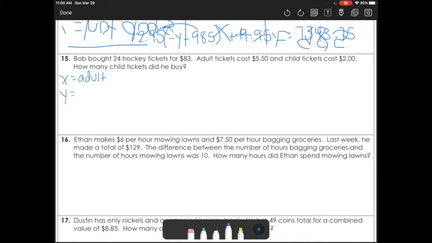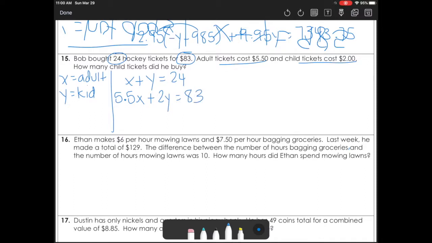And let's see, I know that the total cost was 83 and the total number was 24. So x plus y equals 24. Adults were $5.50, so 5.5x. Kid tickets were $2, so 2y. $83 was the total cost. Okay.